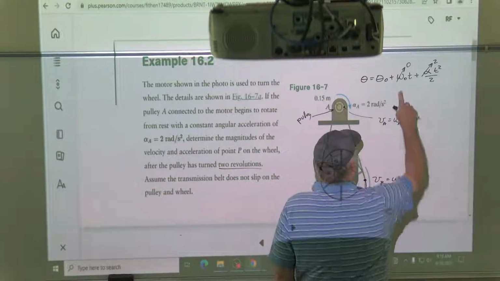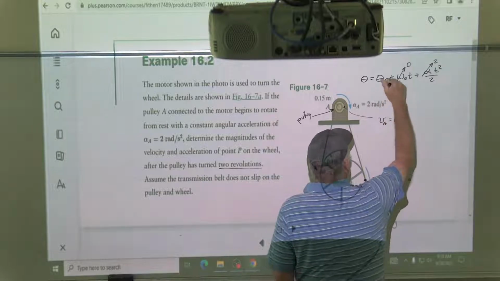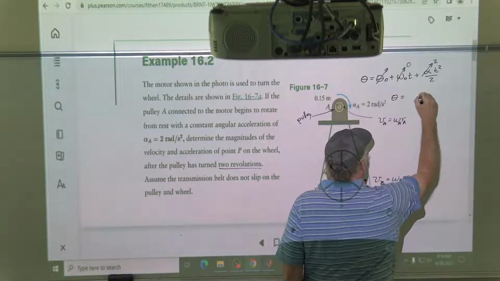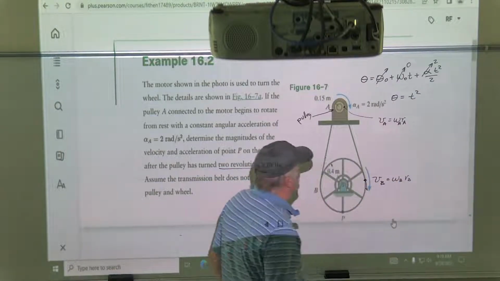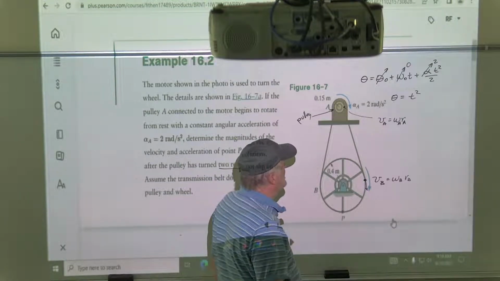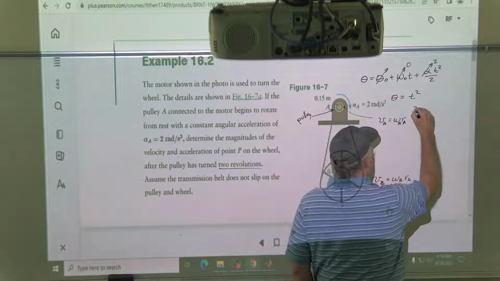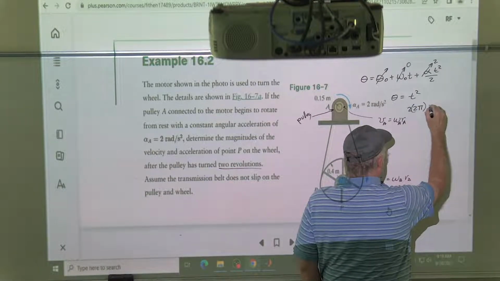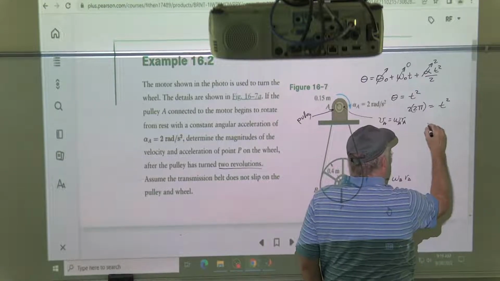So he has this, he has that. Let's assume that we're measuring from 0, so we get this equals just t squared, if I got that right. And so if I want it to do 2 revolutions, well, 1 revolution is 2 pi, so 2 revolutions is 4 pi, and so that would be t squared.